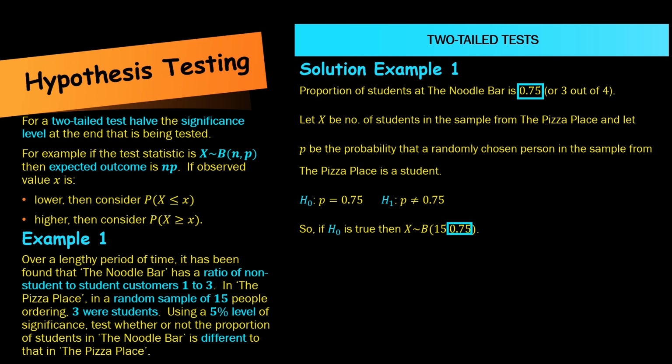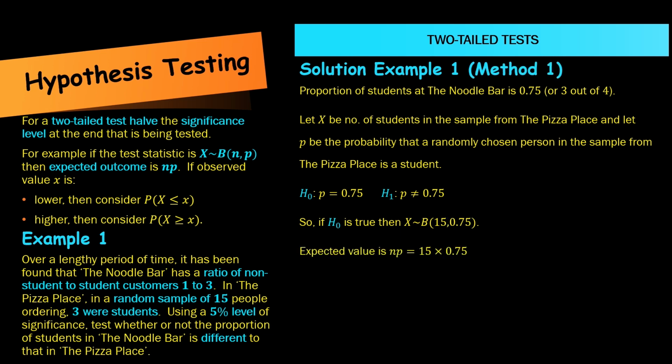That's the proportion of students at the noodle bar. So the expected value is n times p, so 15 times 0.75, which is equal to 11.25.